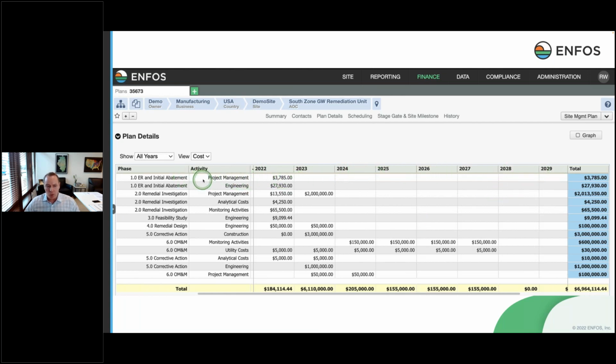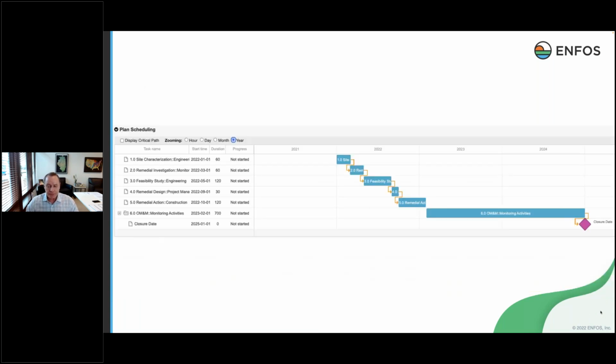And so I've got a two-level work breakdown structure, and I have a cash flow forecast in every cell. So that cell matches up to the year that we plan to spend that money, and then the scope is the activity and the phase. So I just wanted to show you an example there of what that looks like when you have refined your planning and forecasting within the application.